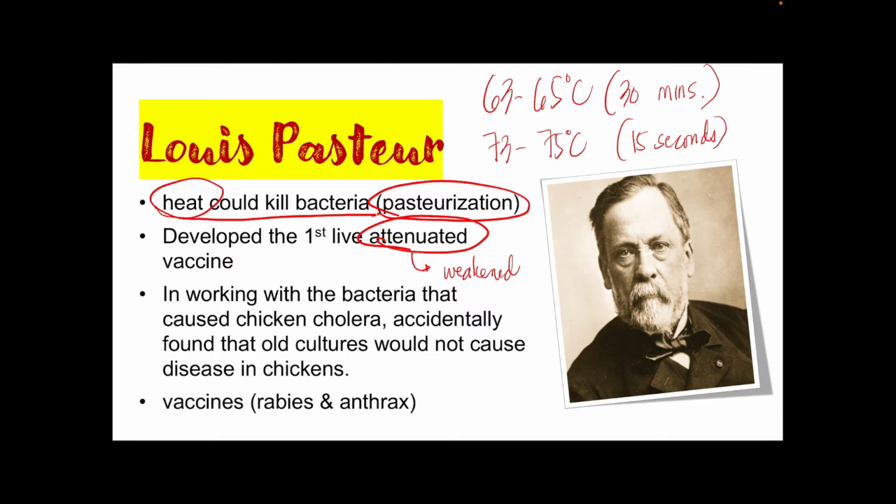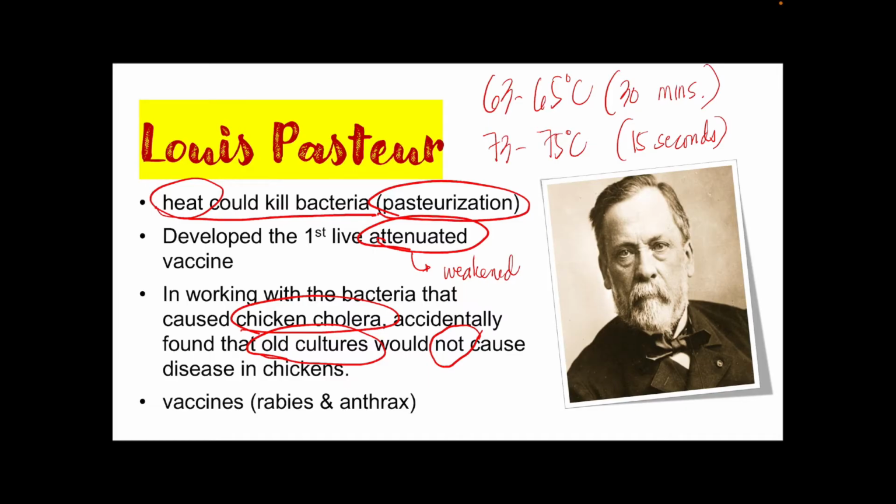And also, in working with the bacteria that cause chicken cholera, Pasteur accidentally found out that old cultures of this bacteria would not cause disease in chickens. Also, he found out that subsequent injections of more virulent or more infectious microorganisms had no effect on the birds, the chickens that had been previously exposed to the older cultures of this bacteria.